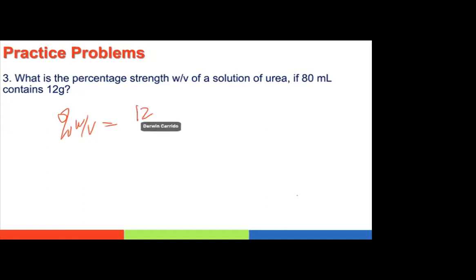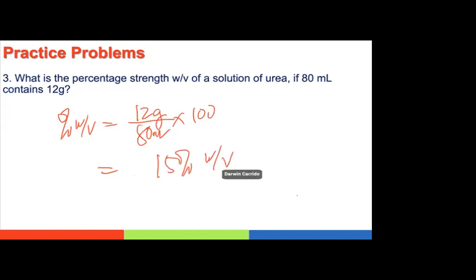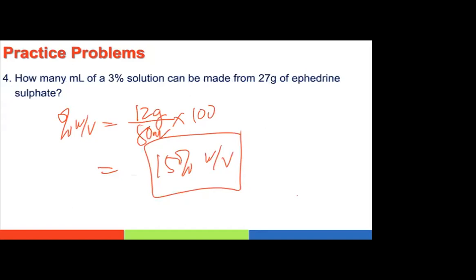In our problem, it's 12 grams divided by the total volume of the drug, which is 80 ml, and just multiply that by 100. The answer is 15%. You write the unit, weight by volume. Did you get it again? That's easy again. Next number.